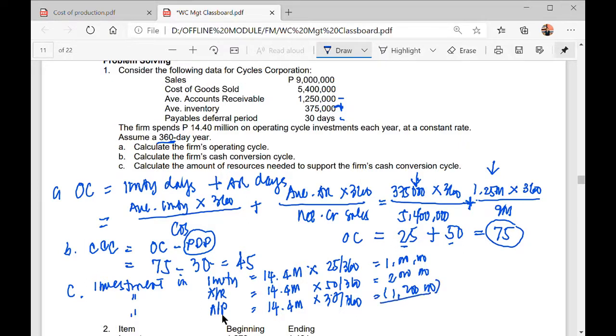Therefore the total is 1,800,000, which is equivalent to 25 plus 50 minus 30. For the shortcut, you can multiply 14.4 million by the cash conversion cycle, 45 over 360. That gives 1.8 million.